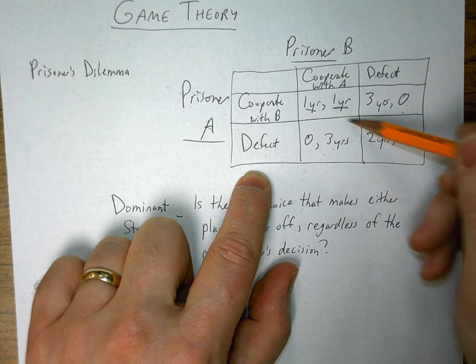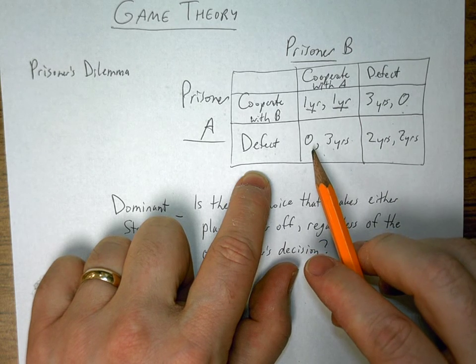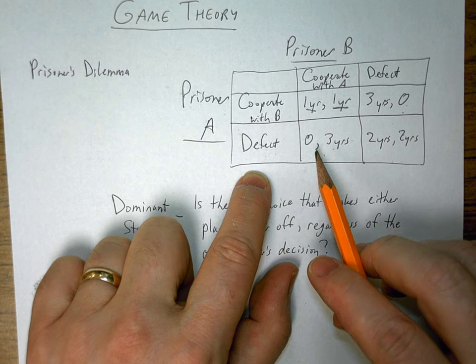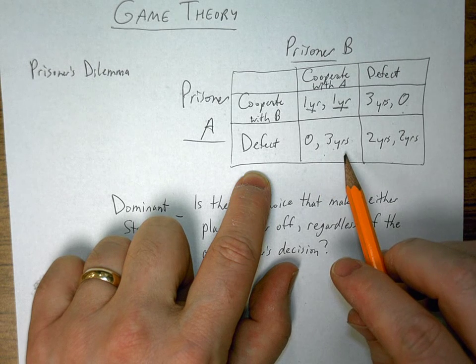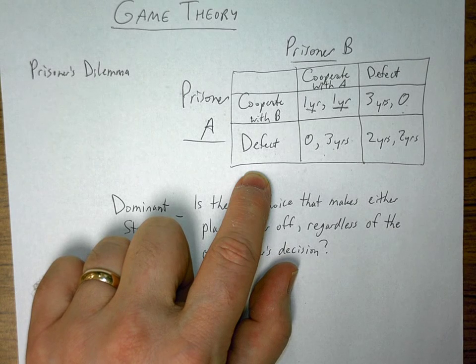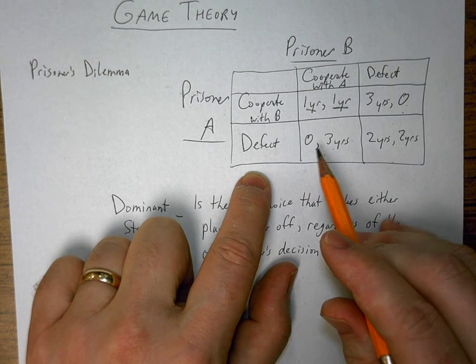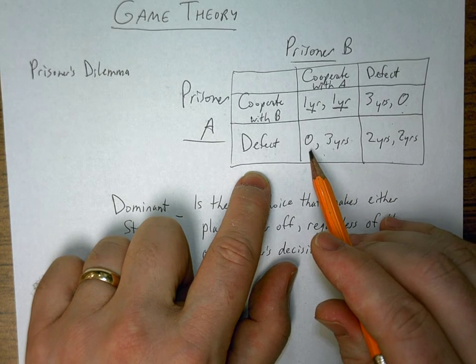Well, in that scenario, we'd be in this box right here. Prisoner A would get to go home, would not go to prison at all, and prisoner B, having been told on and with all the evidence, would go to prison for 3 years. So which is the better individual choice for prisoner A? To keep their mouth shut or to tell on the other prisoner? Well, it's to tell on the other prisoner, which would get them out of jail.